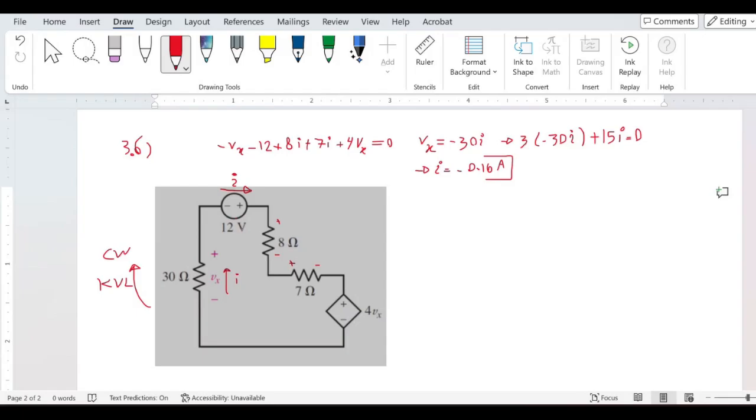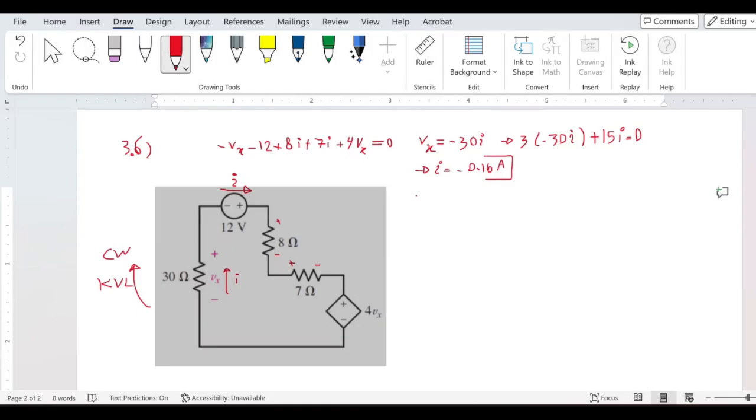So you can assume that the 12-volt battery is being charged in this circuit. And the dependent one, the one that has the 4Vx value, is the one that delivers the energy. Obviously, all the resistors are going to consume the energy.